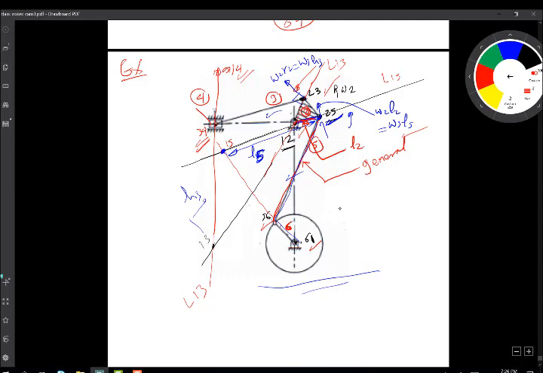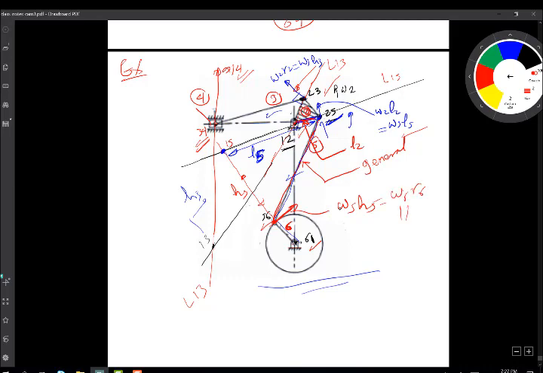So this equation would give me omega 5 straight away. And then once I know omega 5, I can find omega 6 if I want to, because now this point, 0.56, is common between 5 and 6. So the velocity of this point is omega 5 times h5, if I decided to call this h5. It's also equal to omega 6 r6.